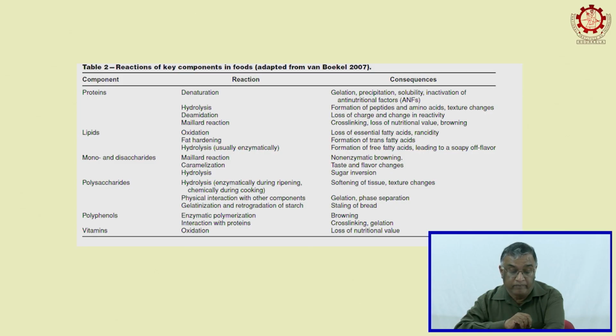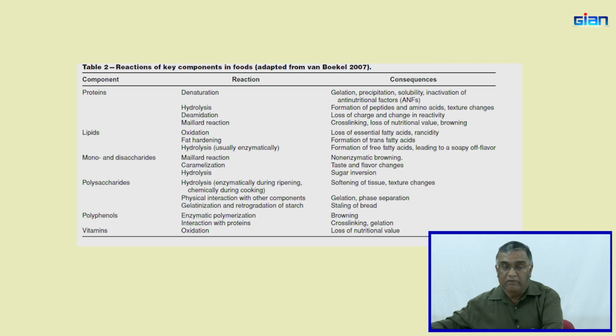Whereas, if you have certain vitamins, you may have oxidation, and then you are going to lose the nutritional value. So, you look at different products and components, and try to understand how these chemical reaction kinetics can help you have a much more stable product.